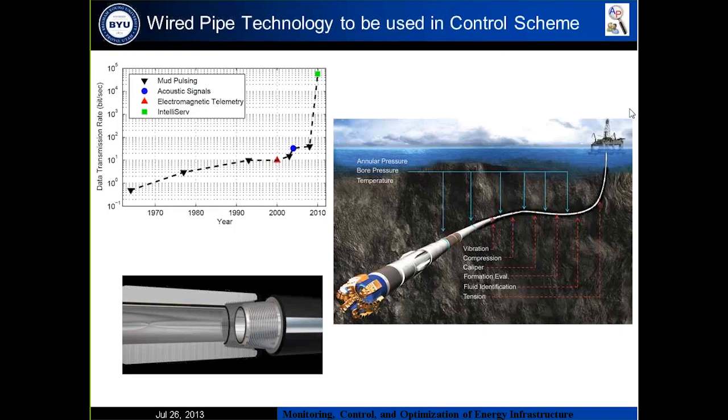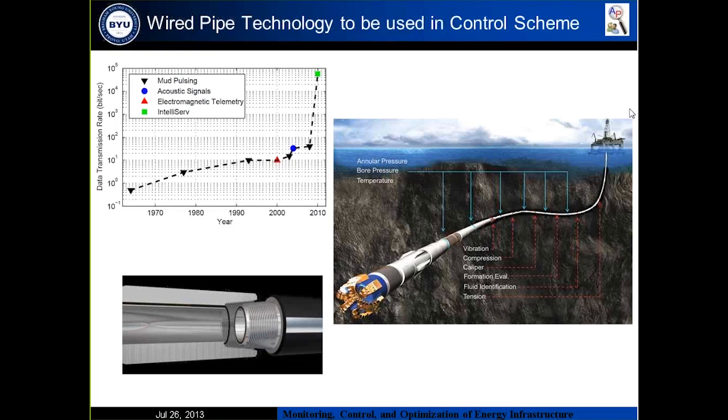I want to give some perspective on the communication rate in drill strings up to this point, before wired pipe technology. You see mud pulsing, and you see the data transmission rate on the y-axis there. Look at the data transmission rate in bits per second up till this point.